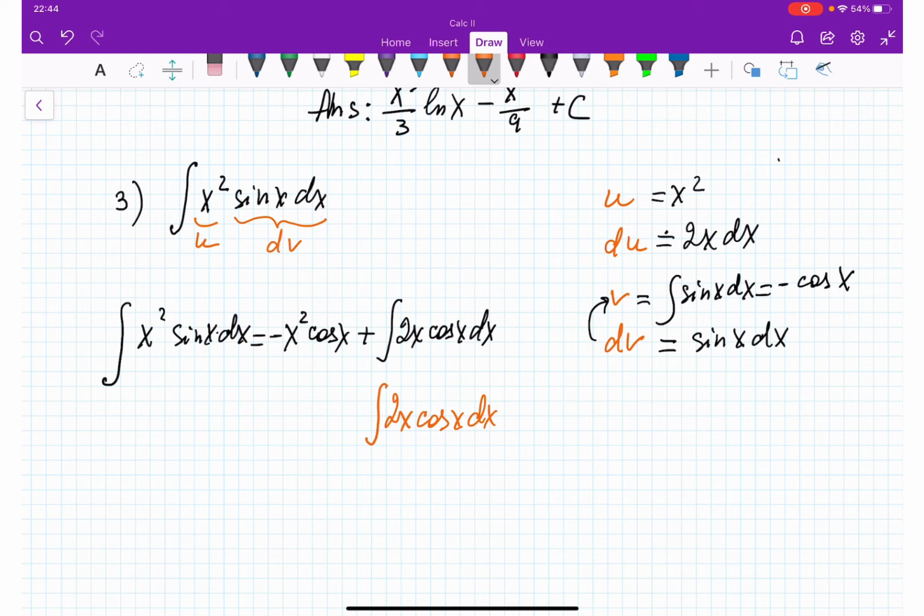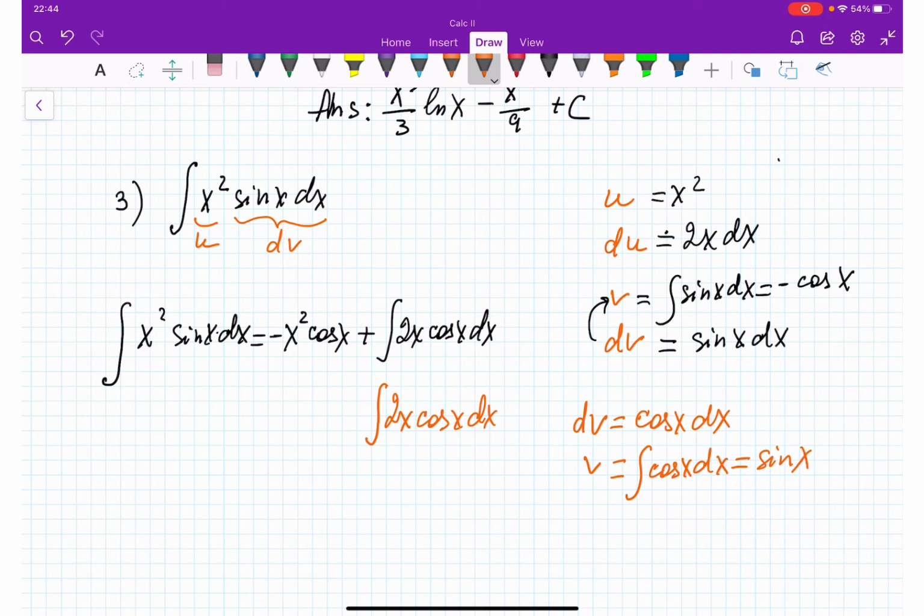So I'm going to integrate one more time. dv, I'm going to choose dv is going to be equal cosine x dx. Okay, therefore v is going to be equal integral cosine x dx, which is going to be equal sine x.